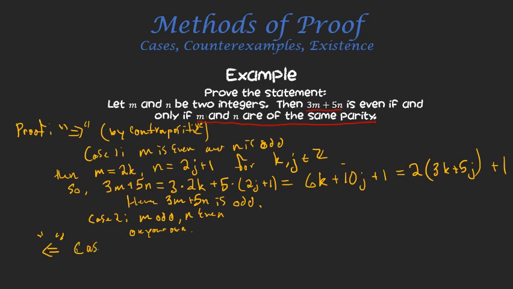I'll work on case 3. How about? In this case we'll assume m even and n even. Then we can write m equals 2k and n equals, say, 2j, where k and j are integers.